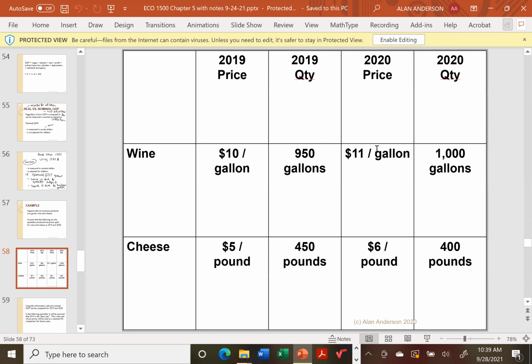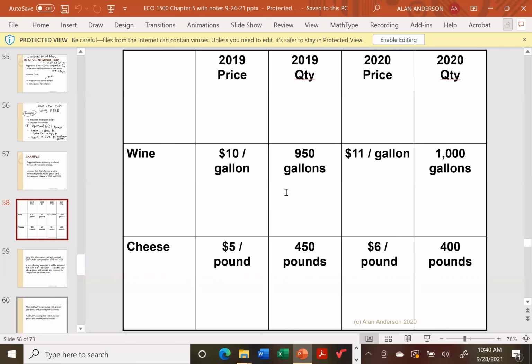And the price, though, did go up to $11 a gallon. With the cheese, the output actually fell a little bit from 450 to 400 pounds, and the price went up. So the question is, did we produce more output in 2020 or in 2019? If it did go up in 2020, how much did it go up?